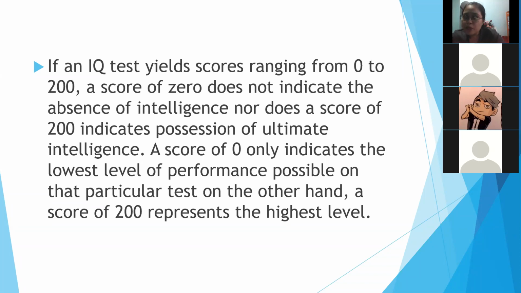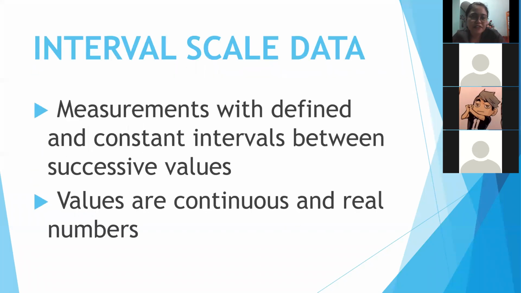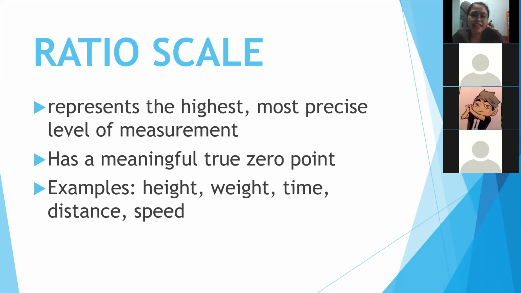And dili nimo siya pwede tawagon og ratio scale kay it is not a true zero. So, 0 lang siya kay tungod mao lang na ang pinakababa na pwedeng makuha nga score, pero dili siya nagaingon nga wala kay intelligence kung 0 imong score. Kay kanang intelligence, remember, lahi-lahi na siya. Mao na ang difference ni interval and ni ratio.